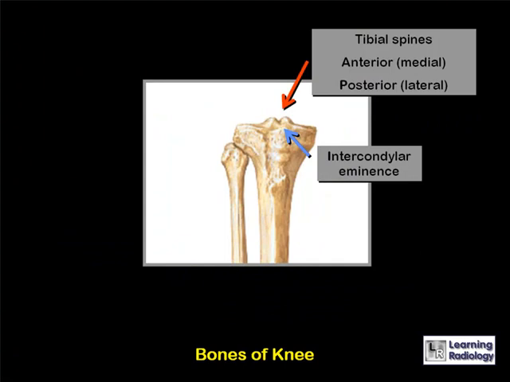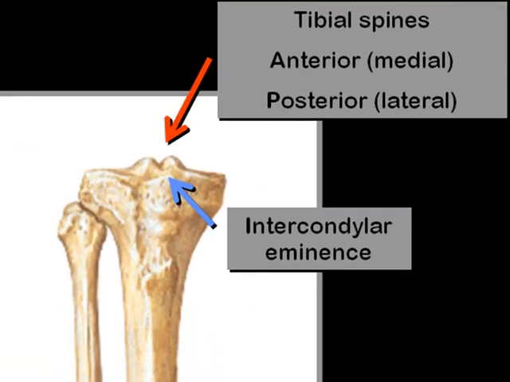Also important are the tibial spines, the anterior or medial tibial spine and the posterior or lateral tibial spine. The intercondylar eminence is variously called the area that contains both of the tibial spines, and it's sometimes referred to as the area that includes only the anterior tibial spine.